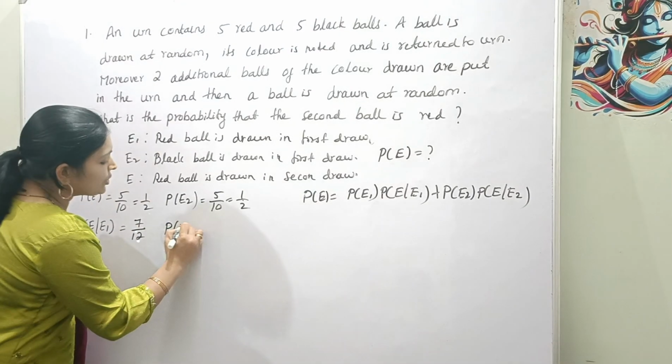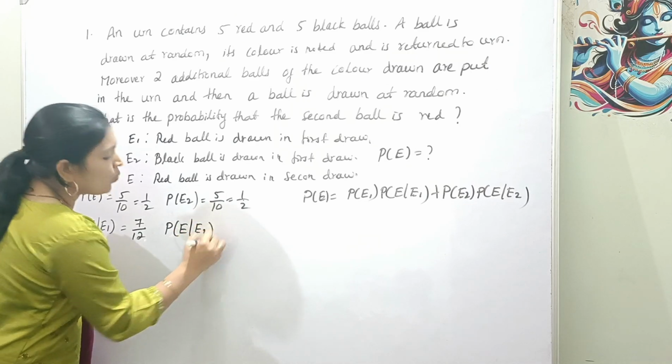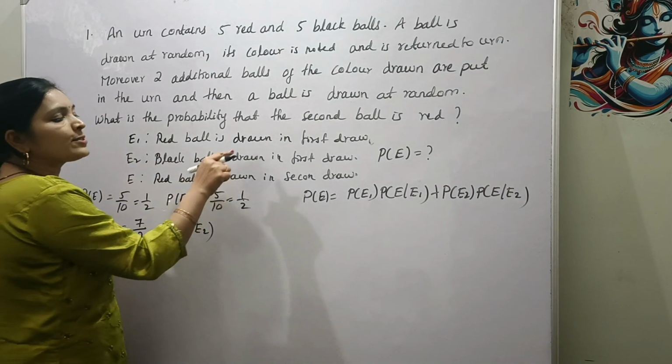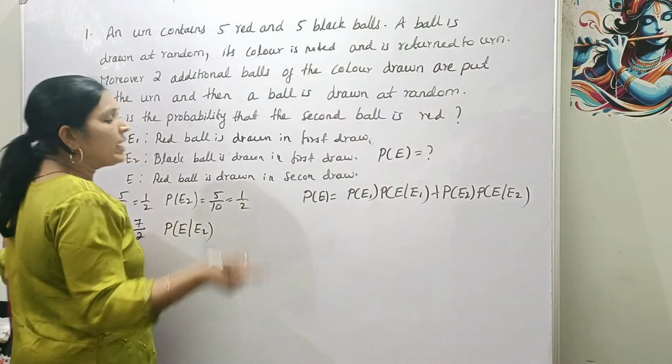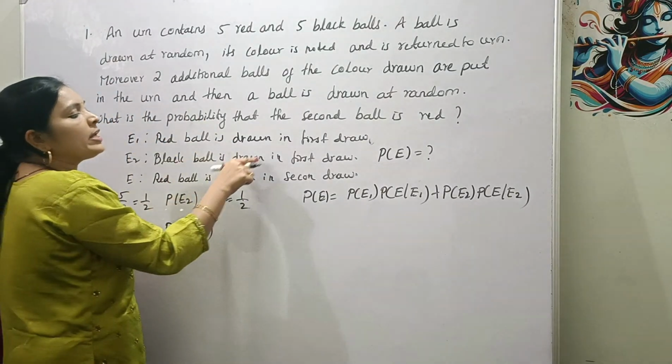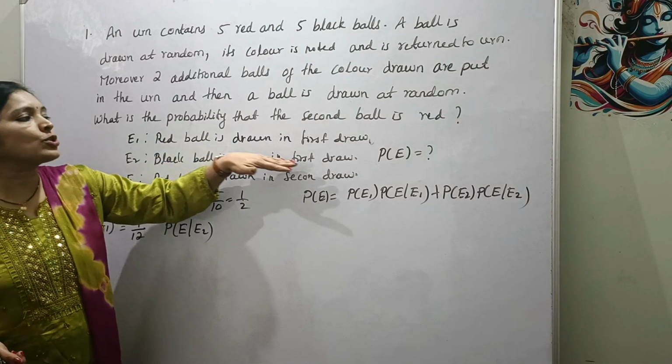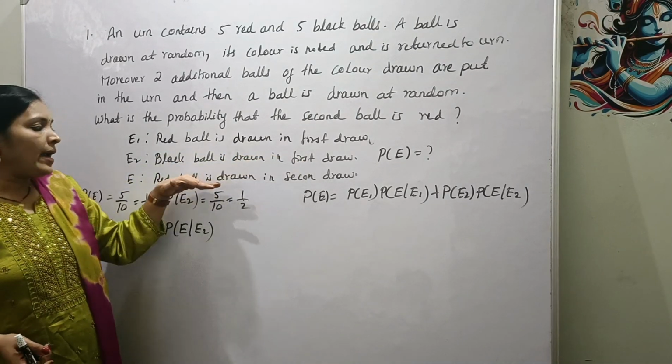And what about the probability of E given E2? It is the probability that a red ball is drawn in the second draw, given that a black ball is drawn in the first draw.